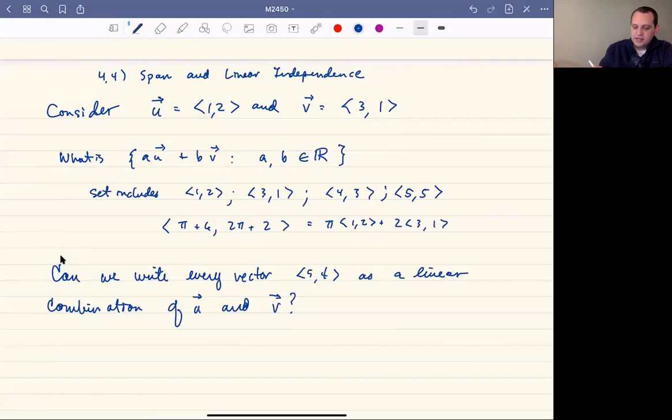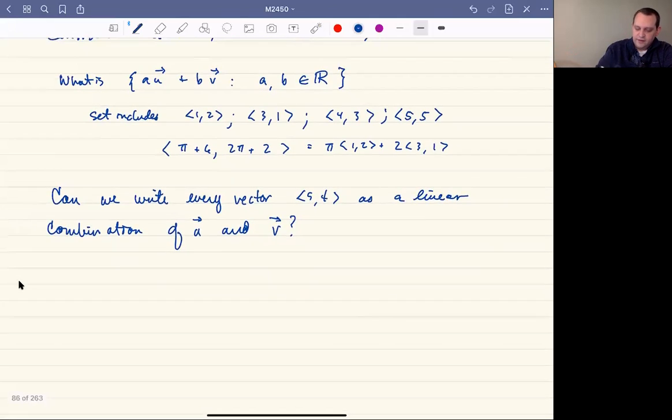And so let's think about what this is going to mean geometrically. If we have the vectors (1, 2) and (3, 1), the vector (1, 2) is going to be the vector that maps the origin to that point (1, 2). And the vector (3, 1) is going to be the vector over here.